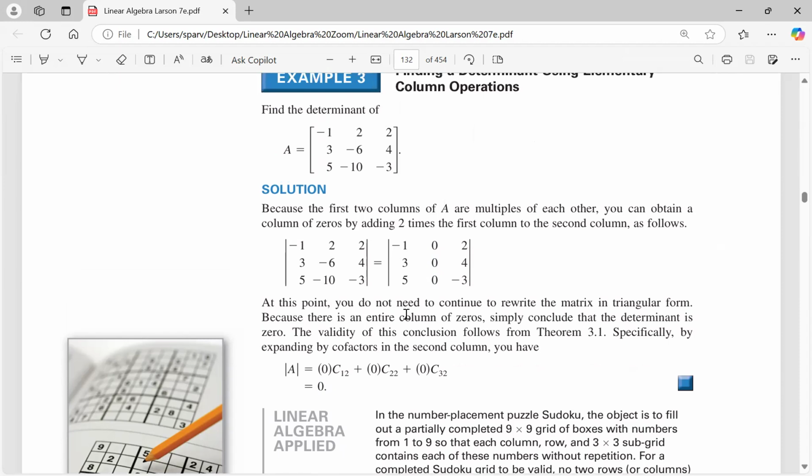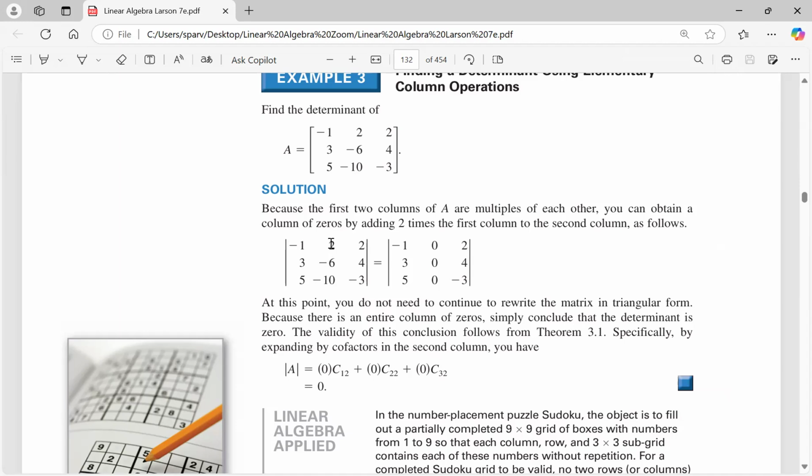Now, there's a lesson to be learned here, folks. If one column, in this case, again, it was this column, is a constant multiple of another column, that means these columns are really not independent, they're dependent. You can do -2 times the first column and you get the elements in the second column.